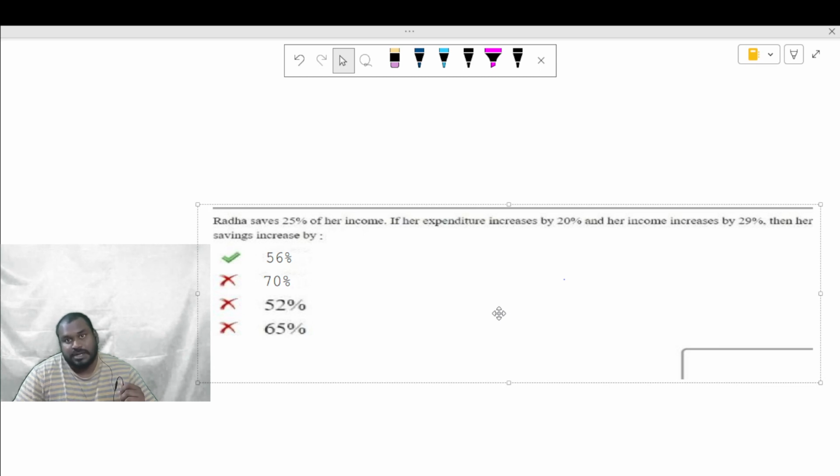So first, you are supposed to reach a certain important standard level to do the question. But if you watch and learn the concept from these 10 to 15 classes I am going to put in percentages, you will be able to do any question from percentages in any exam which is conducted in India.